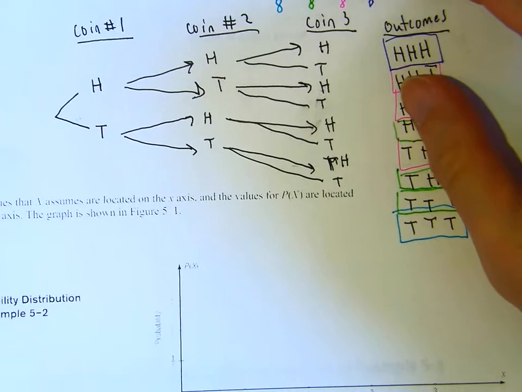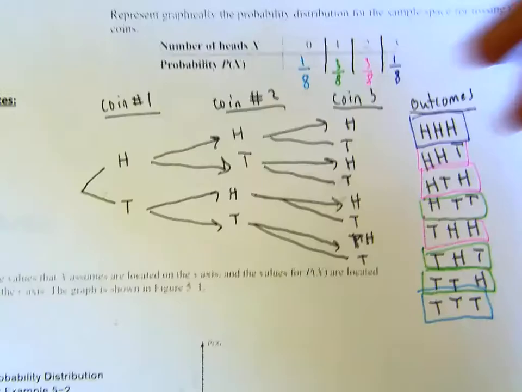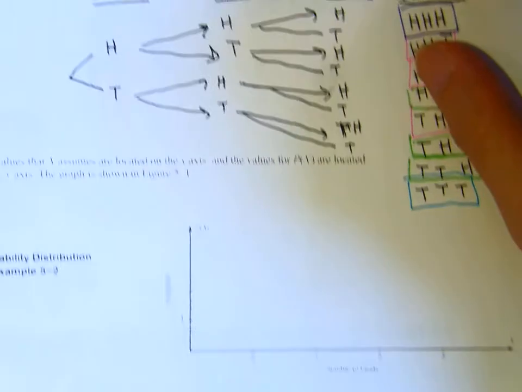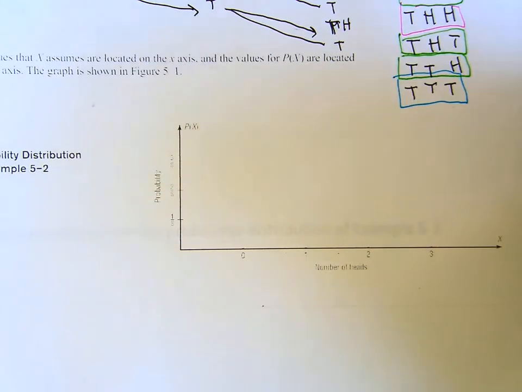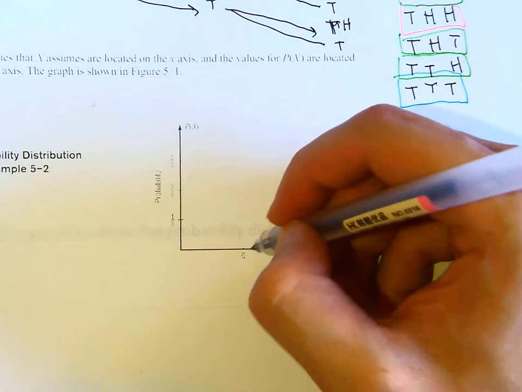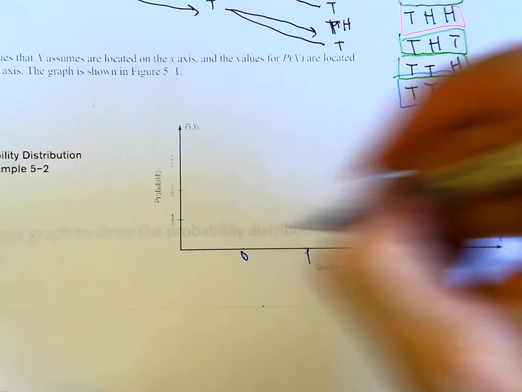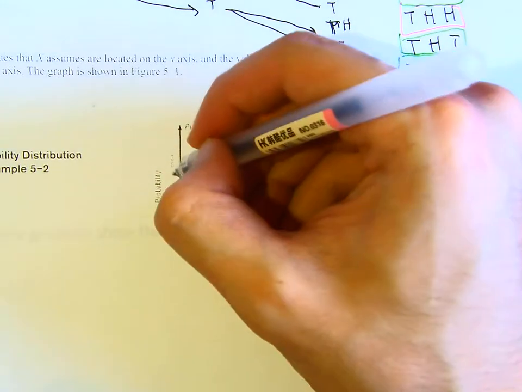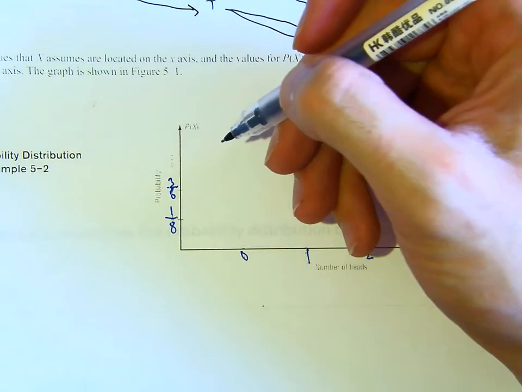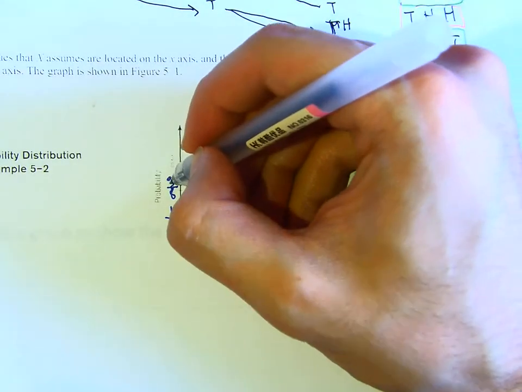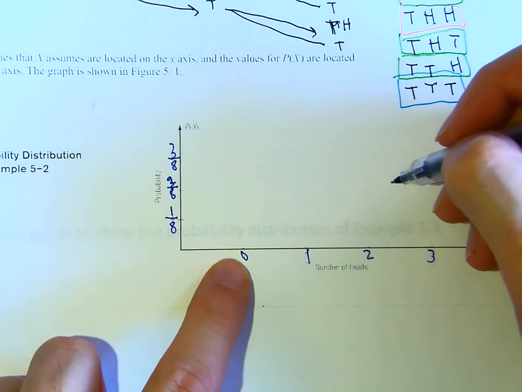Okay, and what we could do is, this part is saying you could show a graph. So what's the idea of showing this as a graph? Here, basically, this is very faded, I'm sorry. But the idea is if this is 0, 1, 2, 3, and if this is 1 out of 8, 2 out of 8, 3 out of 8, then what's the probability of getting 0 heads?